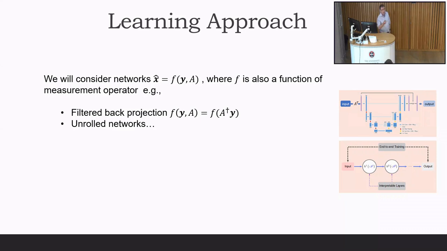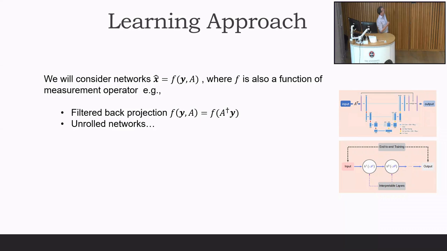So F has to act on both my measurements and my measurement operator A. Now, there are simple ways of doing this, such as filter back projection networks, illustrated over here, where all we do is we take my measurements, I apply either the adjoint or the pseudo-inverse of the operator to my measurements, and then I apply a generic deep neural network. However, one could argue that this might not be sufficiently expressive to cover these different settings.